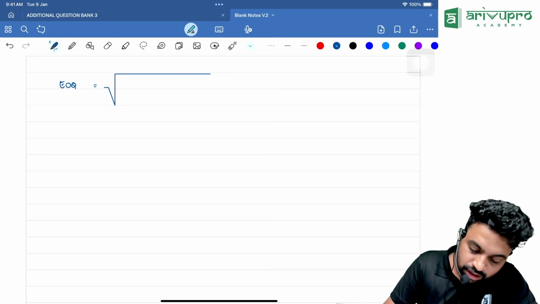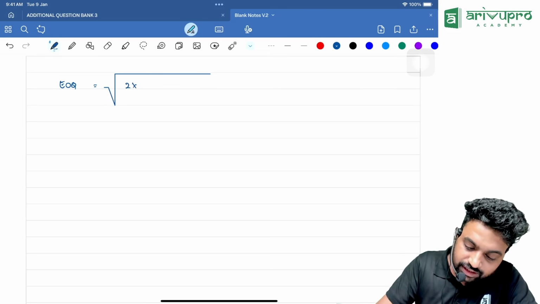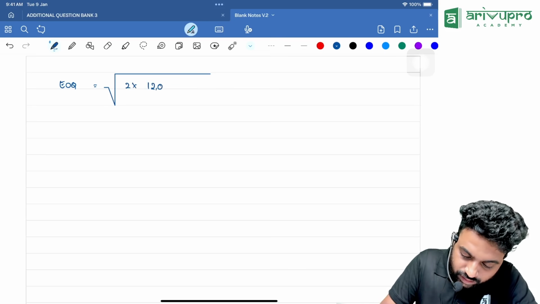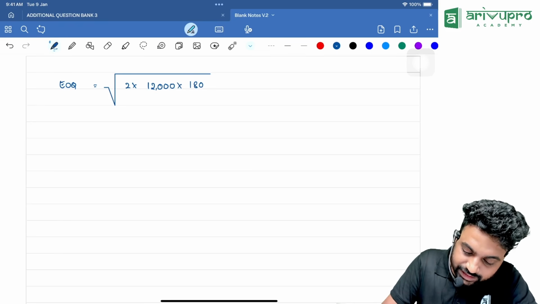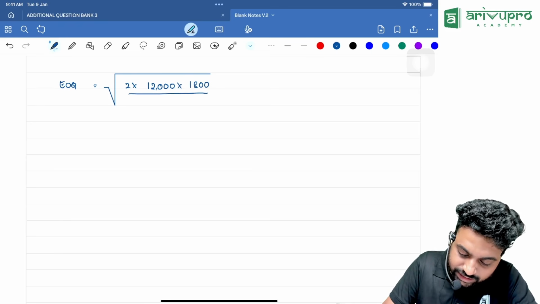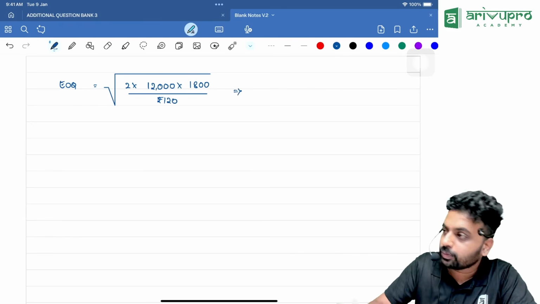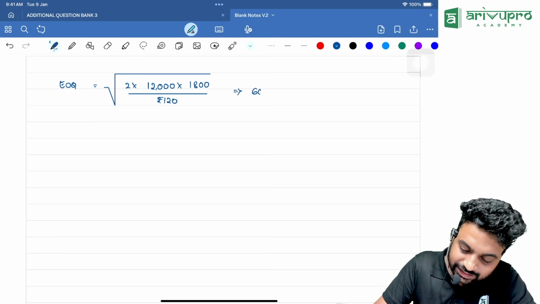As simple as that. So 2 into, here the annual requirement is 12,000 units, ordering cost is 1800, divided by carrying cost is 120. So may I know how much is the EOQ please? 600 kgs or units? Units.